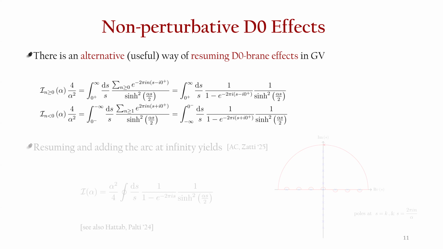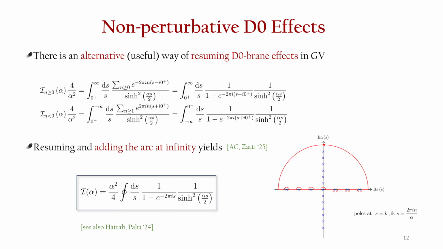There's actually an interesting and equivalent prescription that one can follow, which will prove to be very useful in my discussion. So if instead of deforming each of these contours of the negatively charged poles, what you do is slightly deform each of these sets slightly away from the real axis and resum each of them independently, also adding the arc at infinity, one essentially arrives at an equivalent prescription, at least for the D0, D2, D4 example, that is much more compact and actually treats both kinds of corrections, namely perturbative and non-perturbative, in a democratic way.